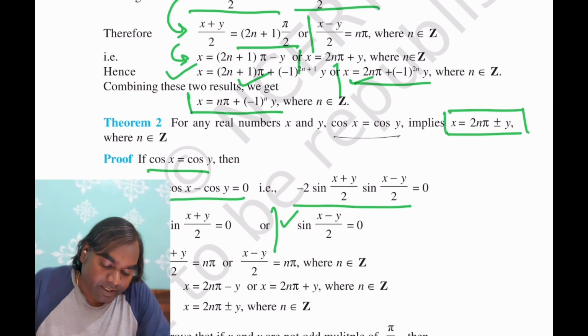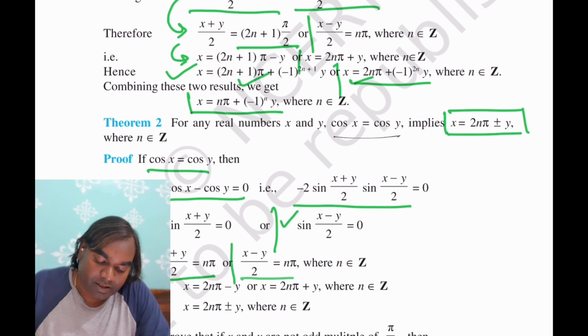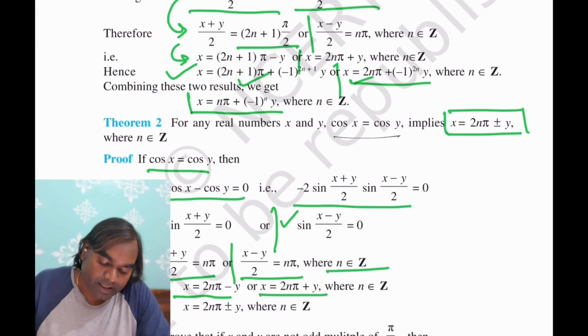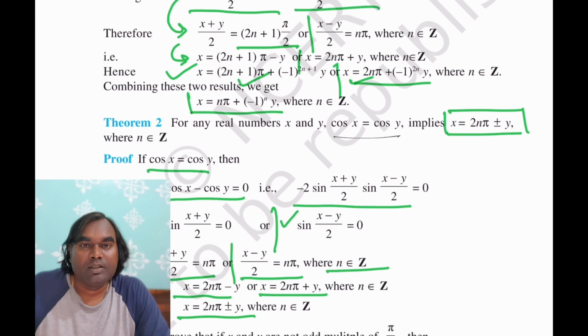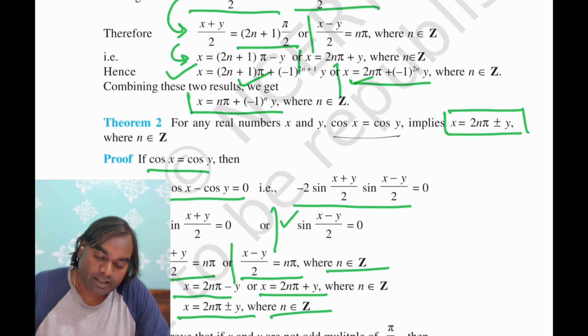That means (x plus y) by 2 is equal to n pi, or (x minus y) by 2 is equal to n pi, where n is an integer. So from this relation, x is equal to 2n pi minus y or x is equal to 2n pi plus y. So combining these two relations, we get x is equal to 2n pi plus or minus y for any integer n.